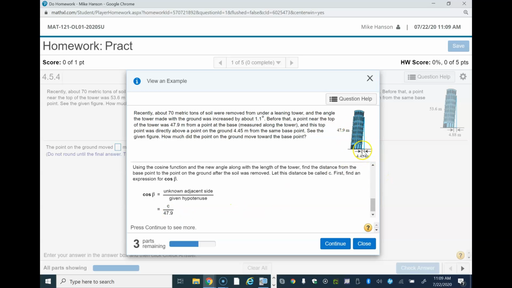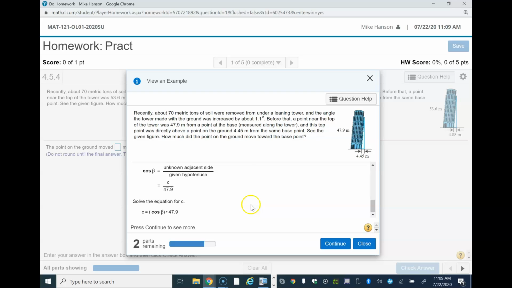Since it moved a little bit over here, we have a new length that we need to find. To do the math, if C is on the bottom, you multiply both sides of the problem by 47.9 so these two cancel. What you do to one side of the equal sign, you have to do to the other. So you take this 47.9 and multiply it by the cosine of B.